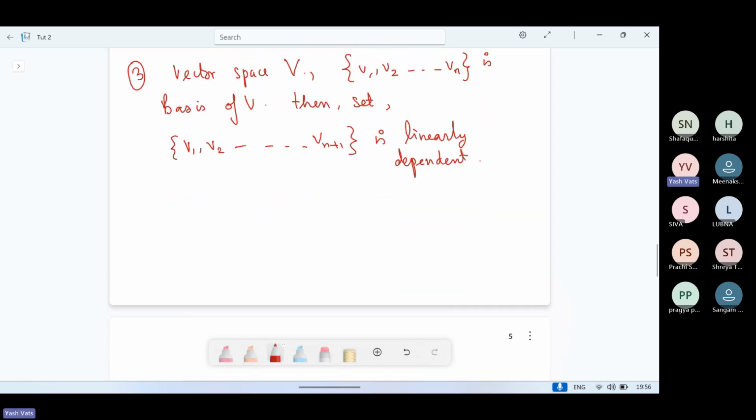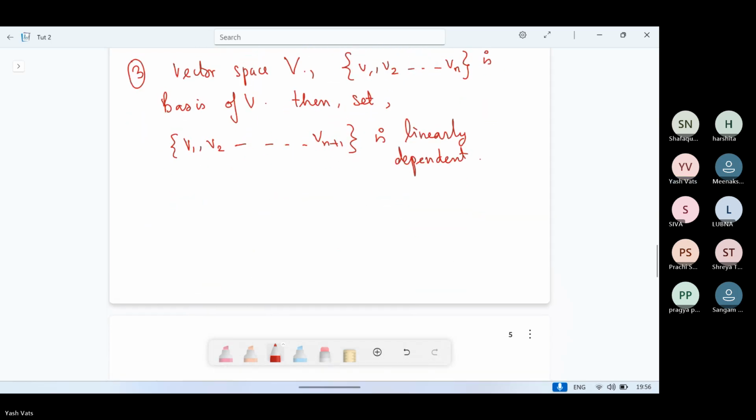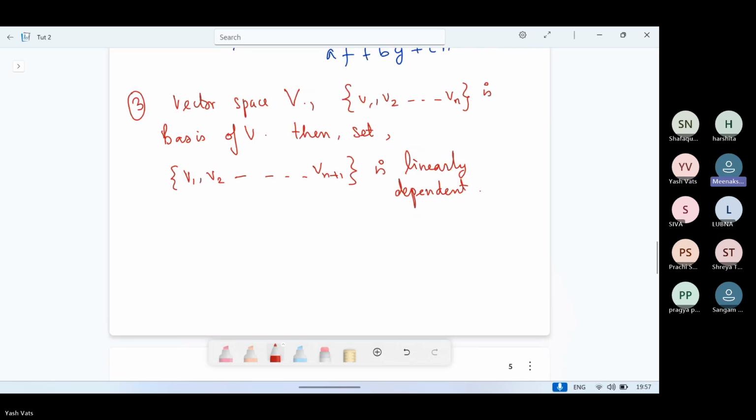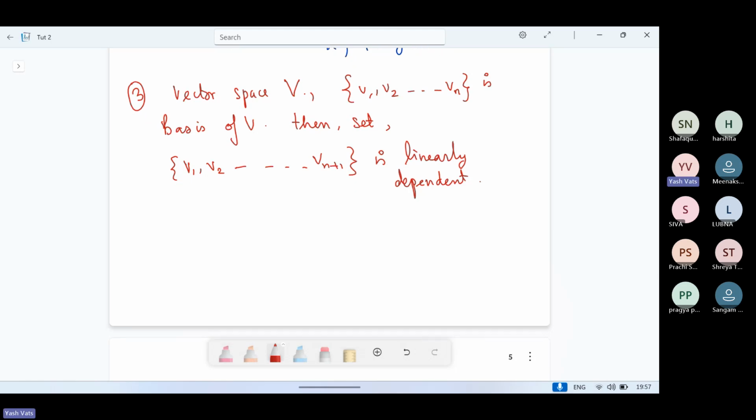You know what is basis, everyone? I recalled the last time, right? So what is a basis of a vector space? Meenakshi, you want to tell the definition of basis? Linearly independent set which spans the vector space. Yes. It can be finite or infinite, depends. Okay. So here it's finite.